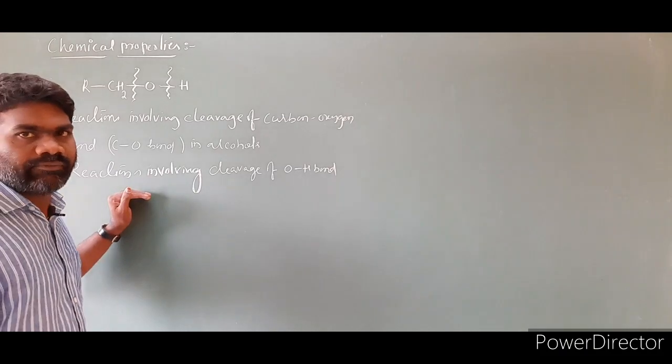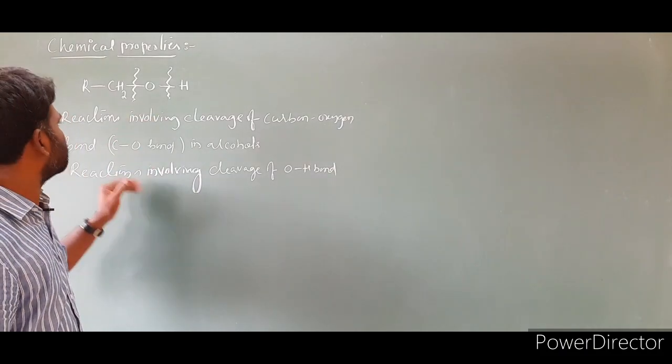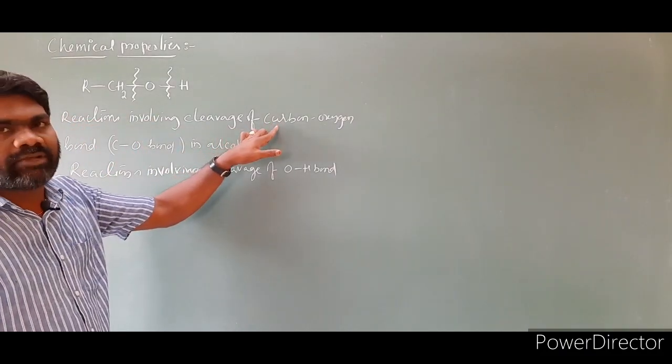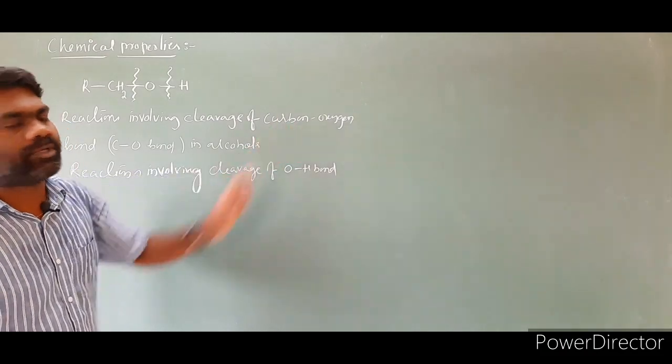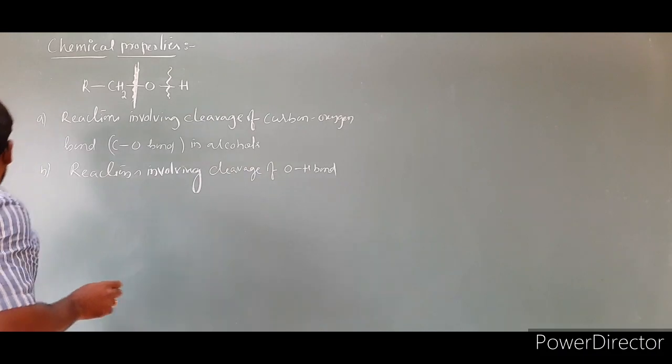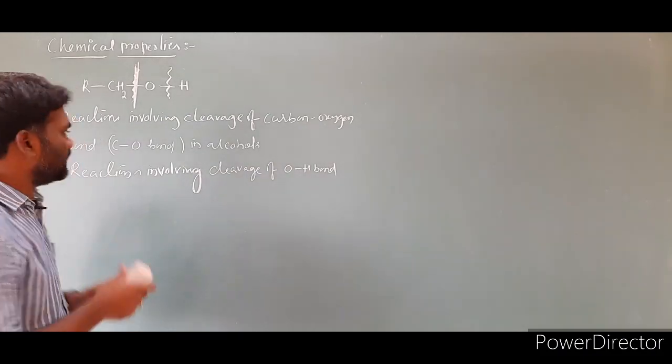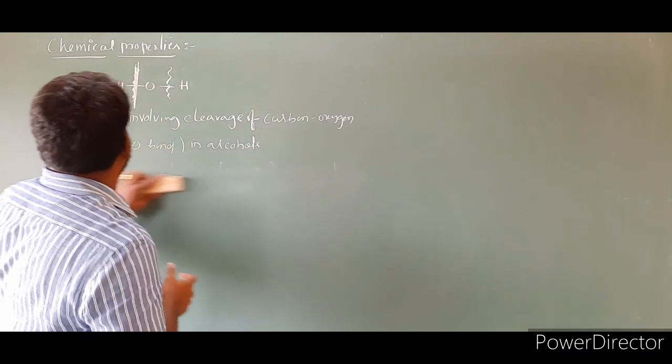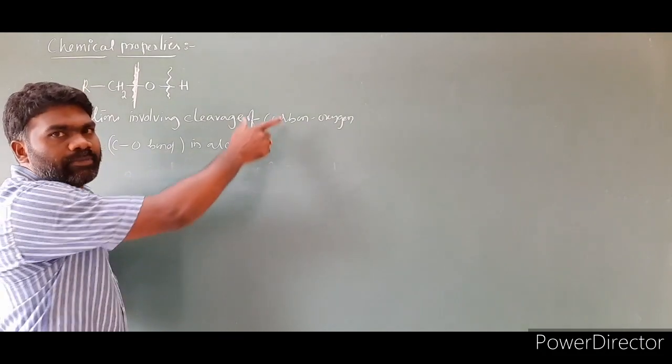Now let us discuss one by one in detail. Let us first discuss reactions involving cleavage of the carbon-oxygen bond, that means cleavage of this bond, not the OH bond.